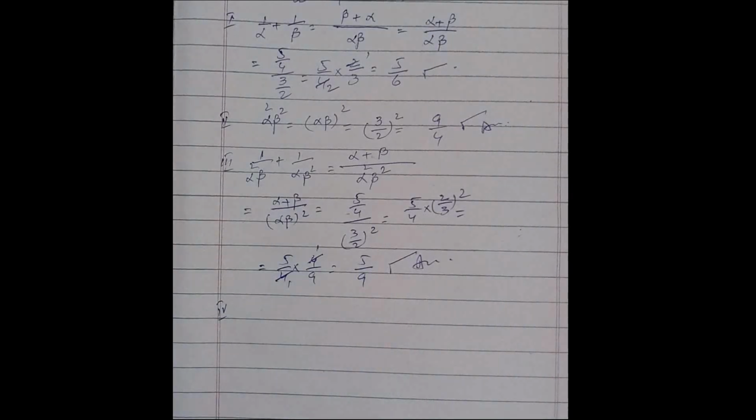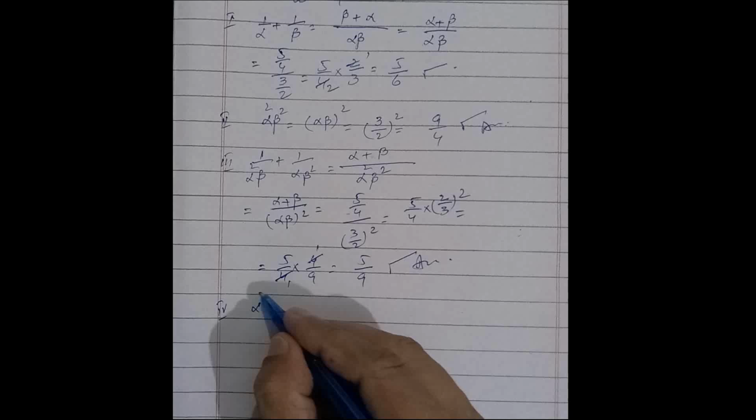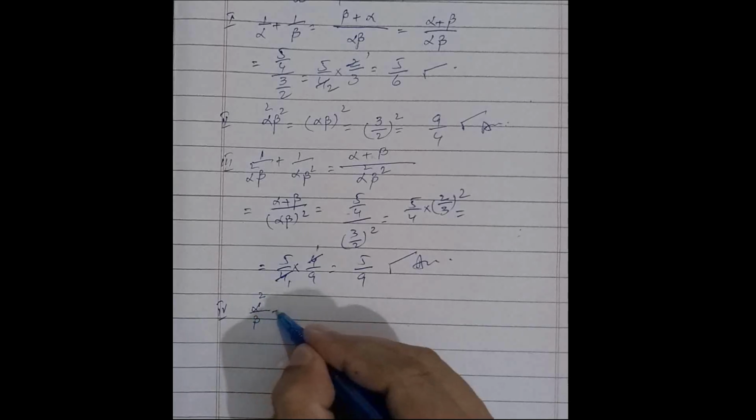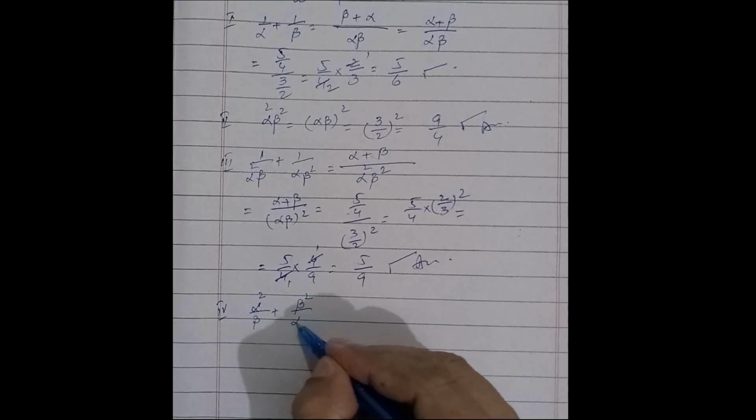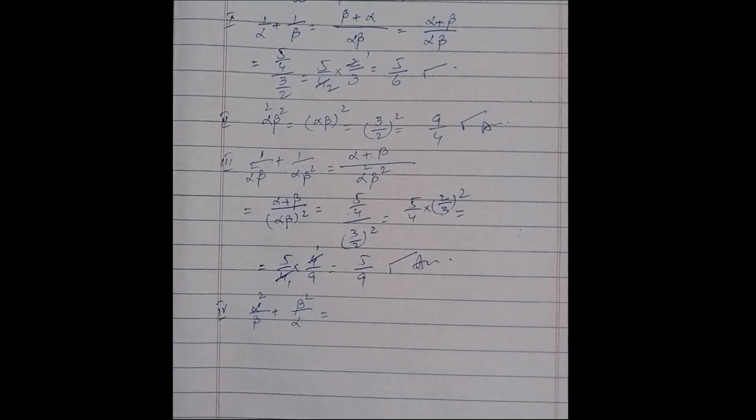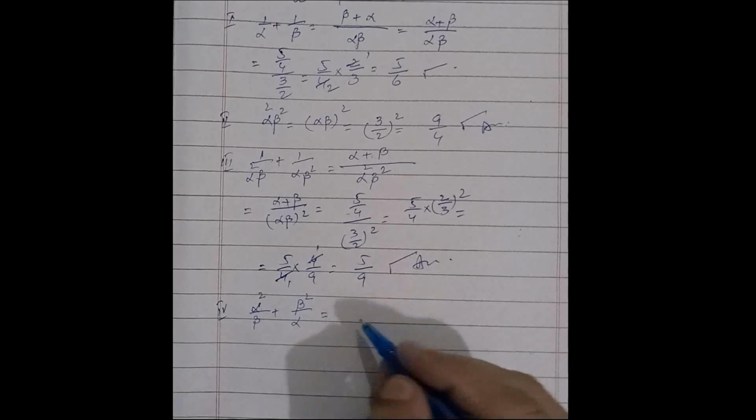Part 4 of question 2, which is alpha square over beta plus beta square over alpha. First we mold them in the form of alpha plus beta and alpha beta.